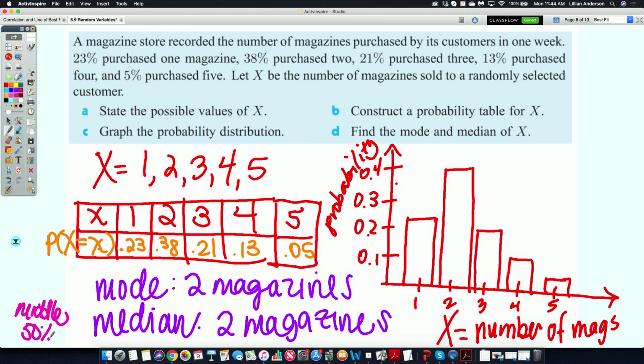When you go to 2 magazines, when you add those probabilities together, you'll get 0.61 or 61%. Your 50th percentile person is in those 2 magazines. Good? Okay.